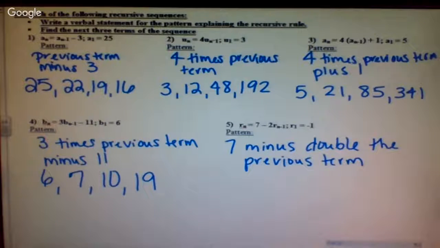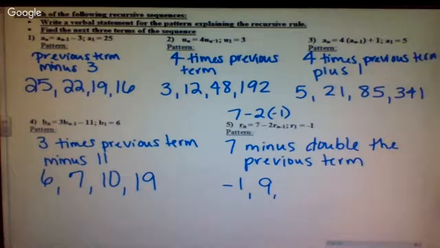So if I start at -1, where does that take me to? Remember, it's 7 minus 2, and you're plugging in a -1. -2 times -1 makes this a positive, so that's +2, and put that with 7 gives you a +9.